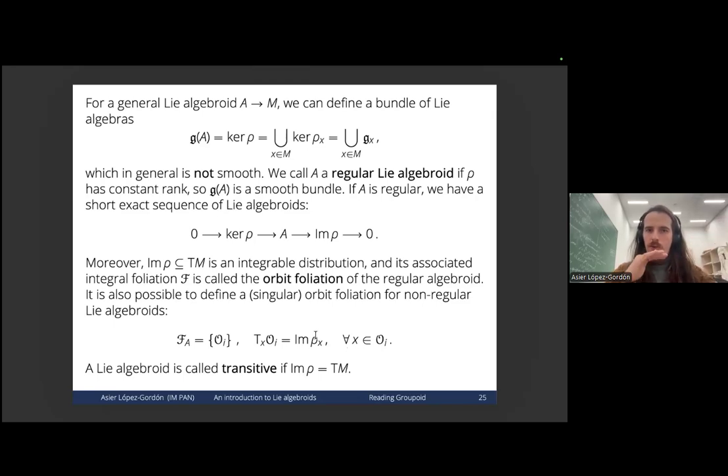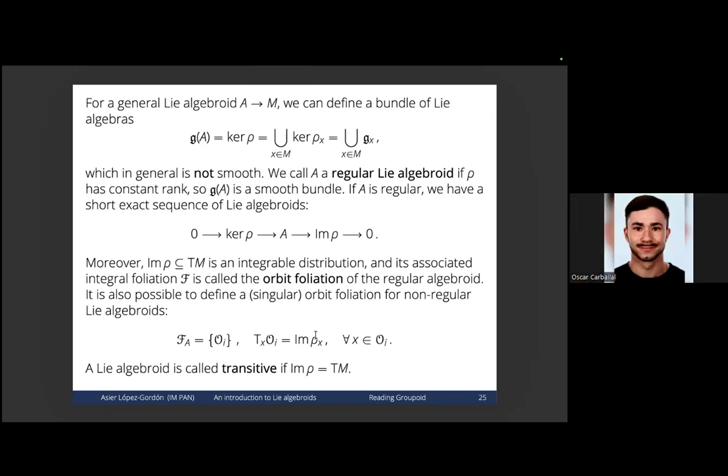So we will not have a usual foliation. That is, we will not divide our total manifold into leaves that are submanifolds, all of them of the same dimension, but rather it will be, I think, what is called a stratified space, in which not all the leaves are of the same dimension.